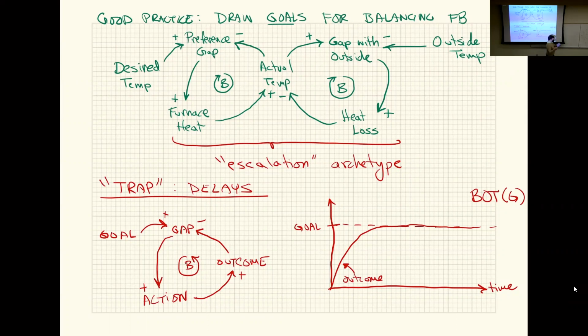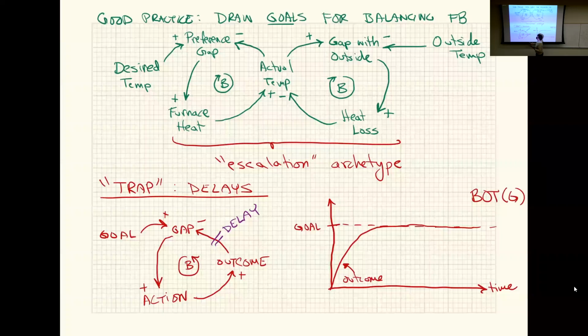But very often there are delays in this system. So there could be delays because it took you a while to realize what the outcome was. So there's a measurement delay here. There could be a possible delay here.